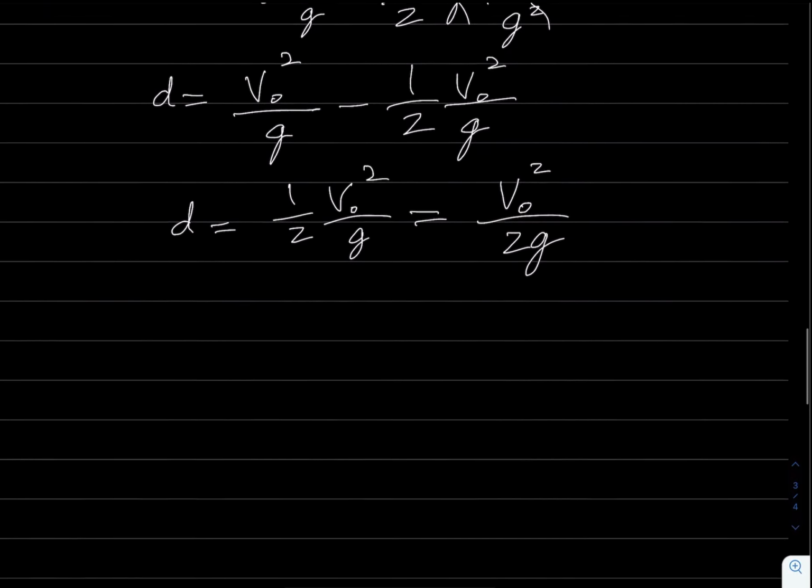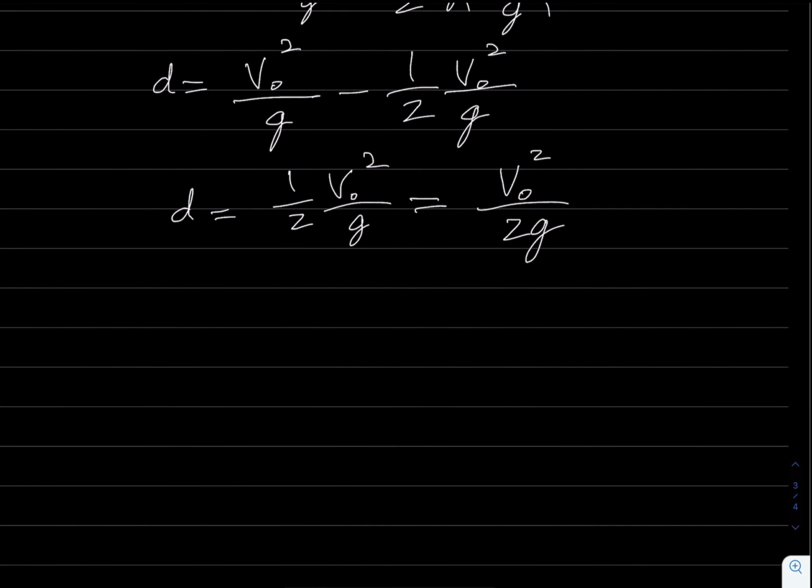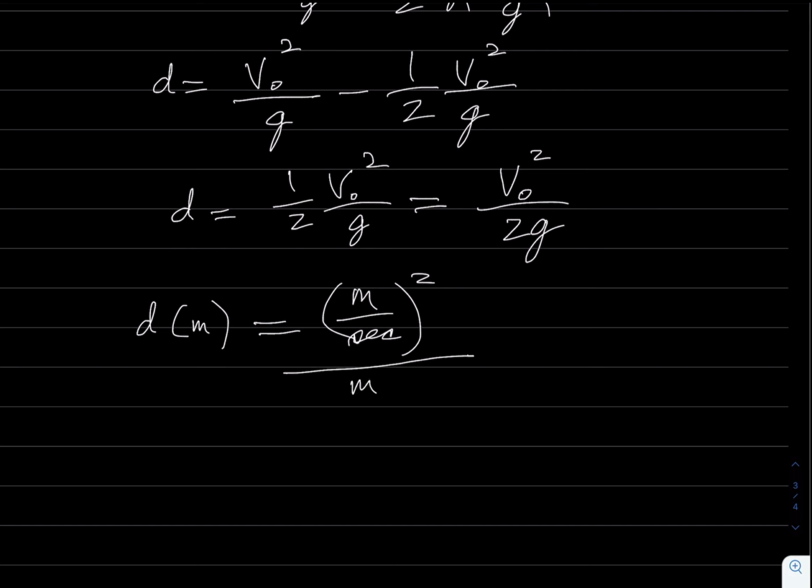Now let's do something that I like to do once in a while just to make sure. Let's check the units again. Well, let's see. D is in meters. V sub naught is a speed, and it's squared. So that's meters per second squared. And g is an acceleration, so that's over g, which is meters per second squared.